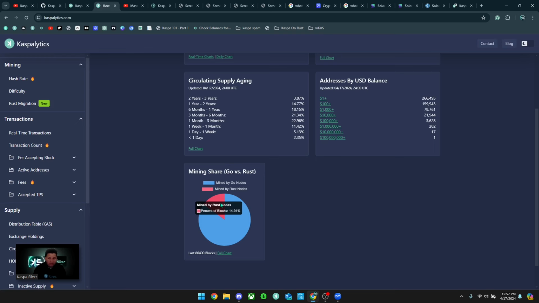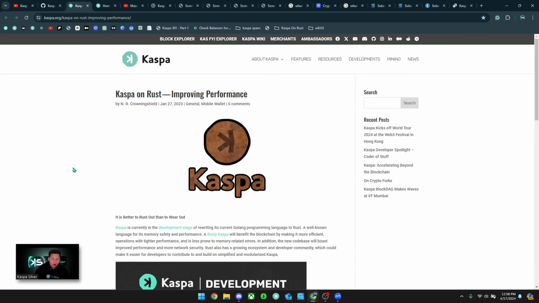The goal is to get almost 100% of all nodes running Rust so that we can prepare for a hard fork, because changing the coding language is not necessarily a hard fork, but changing the blocks per second is a hard fork, because this changes the rules of how blocks are created. Instead of 1, it's going to be 10. This is necessary, but we first want to make sure everyone can get onto Rust first. So why are we moving to Rust?